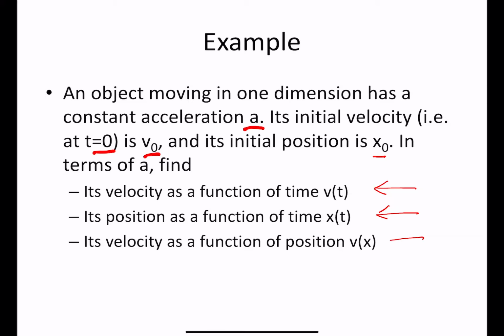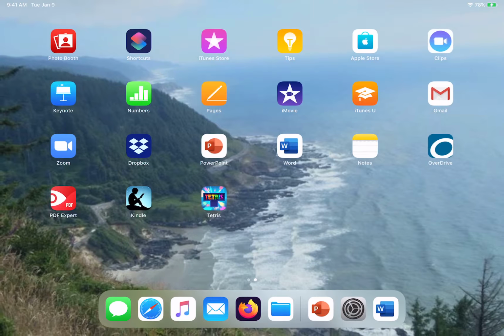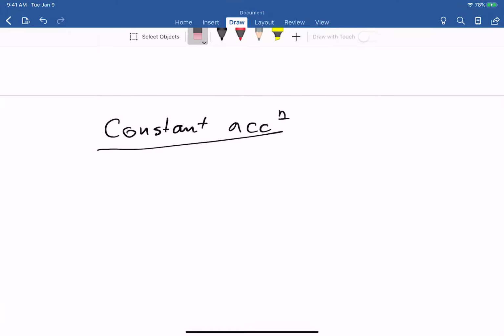And then we'll do this one as well. We'll find its position as a function of velocity or velocity as a function of position. So this is going to be very similar to the example that we just did, but now the acceleration is going to be constant, which means that the integral part is going to be even easier. All right, so let's just go ahead and do this.